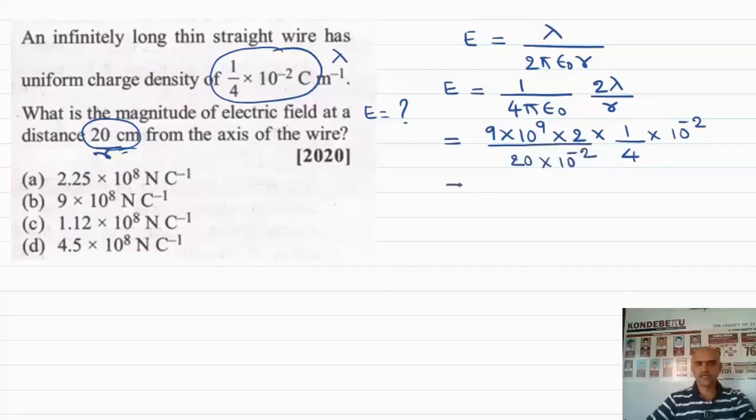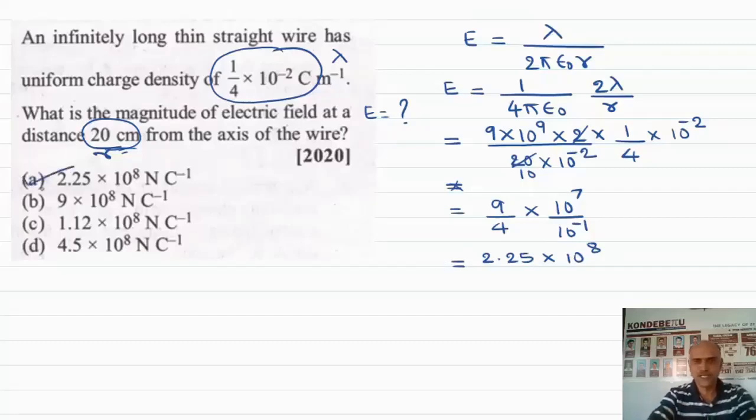If you solve in one step, you will get the answer. On simplifying, the numerator cancels, 10 is left, 9/4 remains. Simplifying the powers: 9 minus 2 gives 10 raised to 7, and with the 10 in the denominator it becomes 10 raised to 6. Now you have the answer. 9/4 means 4 twos are 8, so 2.25. So option A is the answer.